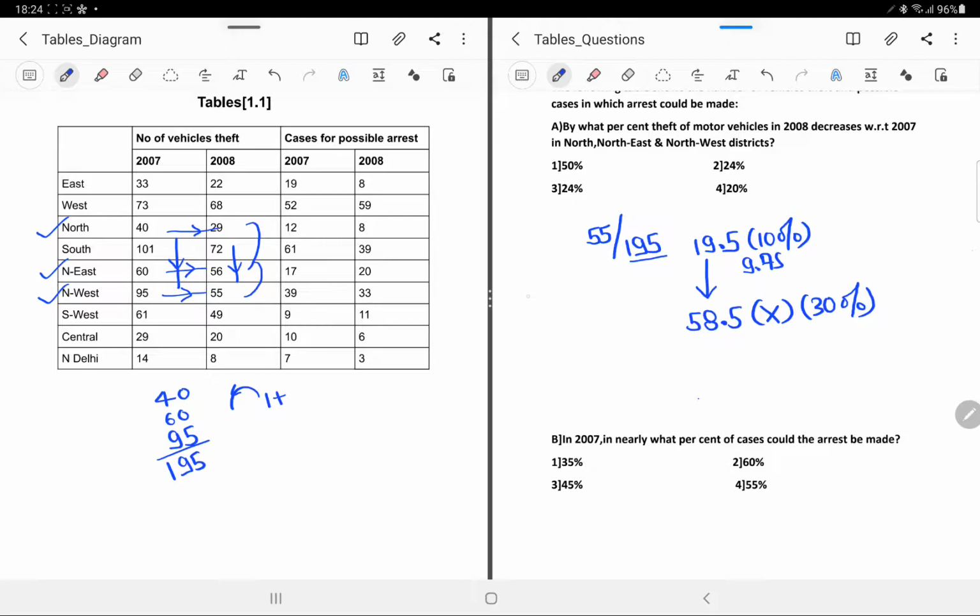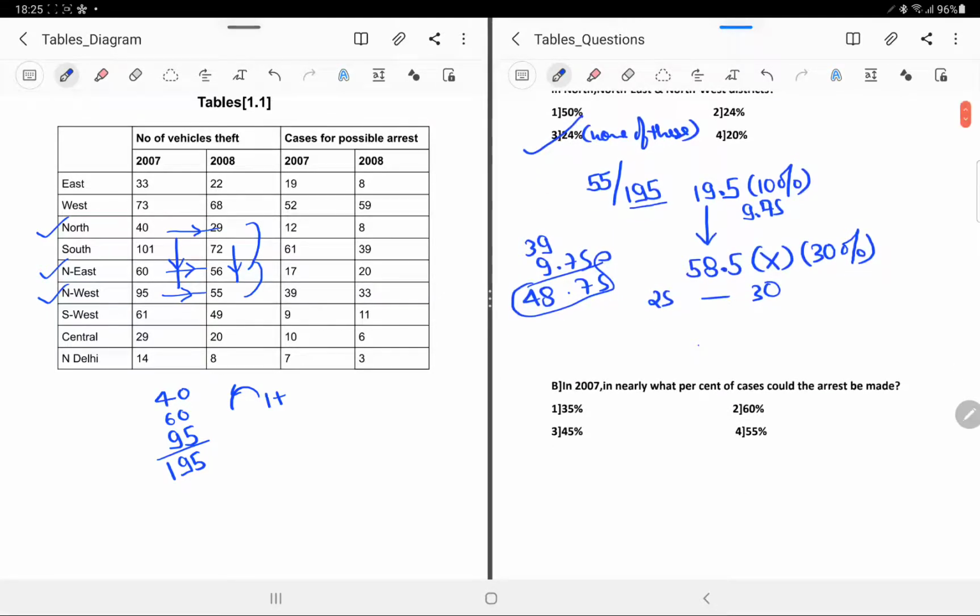If 20% is 39, and you add 9.75, this would be 39 plus 9, which is 48, and our value is basically between 25 and 30. I think the option is missing somewhere over here, so if the option is none of these, we can mark that as the correct answer. It would be something lying between 25 to 30, so the answer could be none of these.